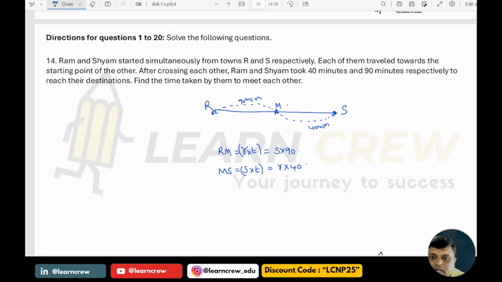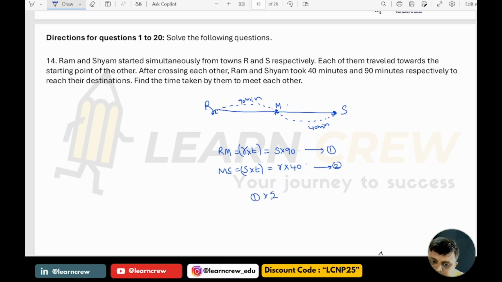So what you get now? RT is equal to S into 90. ST is equal to R into 40. So this is the first equation, this is the second equation. I am multiplying these two.